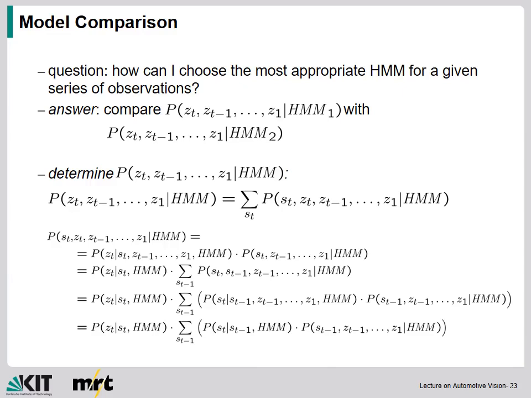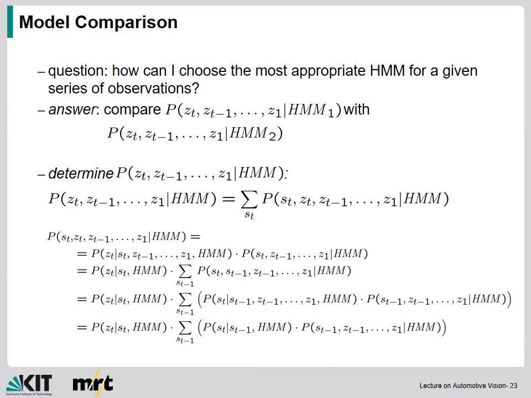Then in the next row, what do we do? Well, we split up this probability of st minus 1 and all the observations up to point in time t minus 1 into a conditional probability and a marginal one. Namely the probability of st given st minus 1 and all the observations up to point in time t minus 1 times the probability of st minus 1 and all the observations up to point in time t minus 1 given the hidden Markov model.